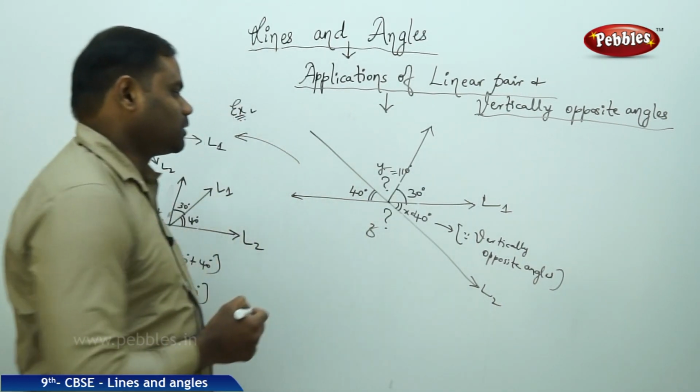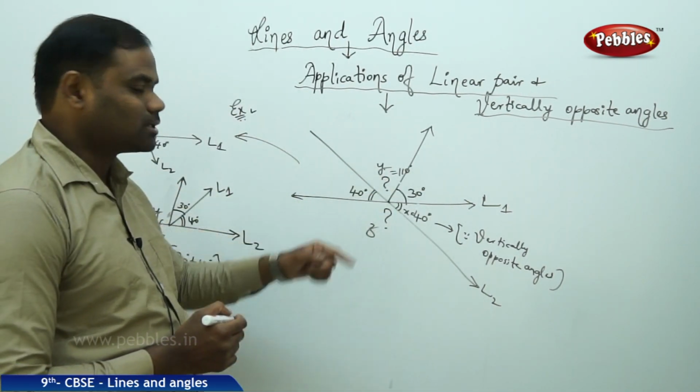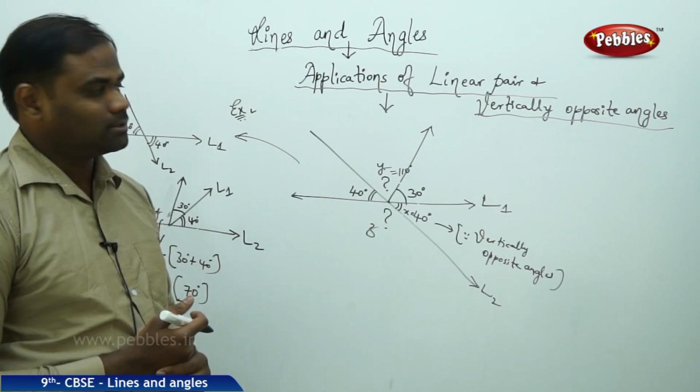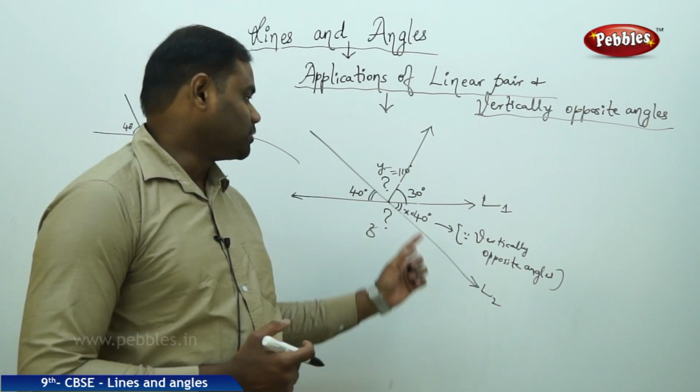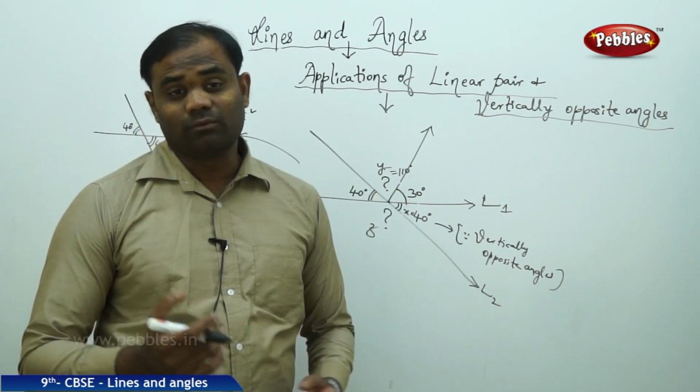Now that I have found these angles, the question is how to find z. So let's see how we can find angle z, continued from angle x and angle y.